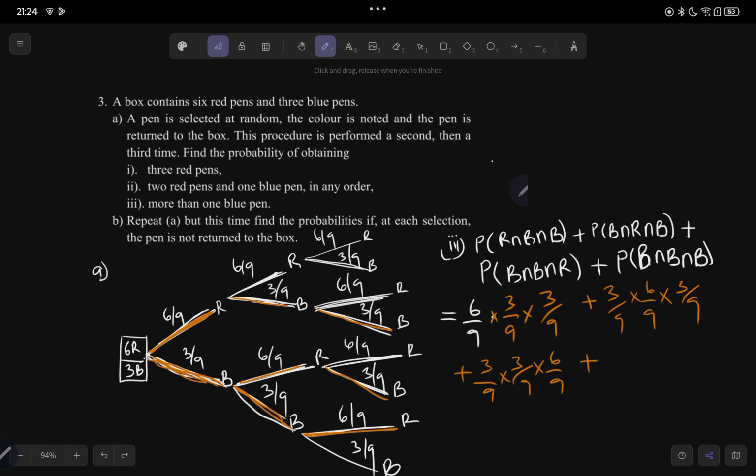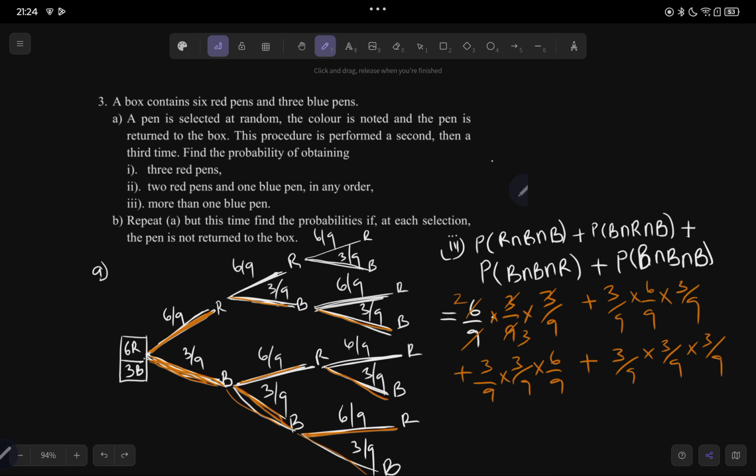Then lastly, blue, blue, blue. 3/9 times 3/9 times 3/9. We reduce this 3, and that 9 goes with this 9 by 3, 2 by 3, 3.